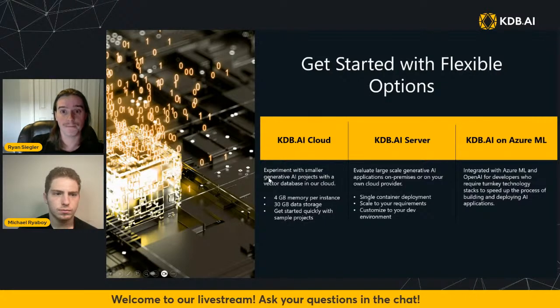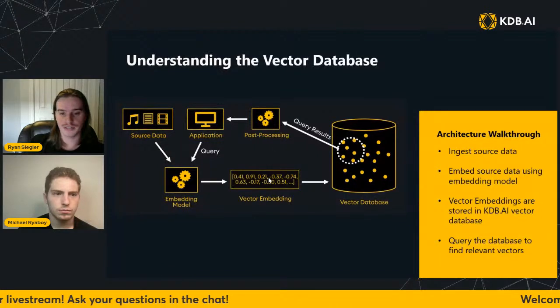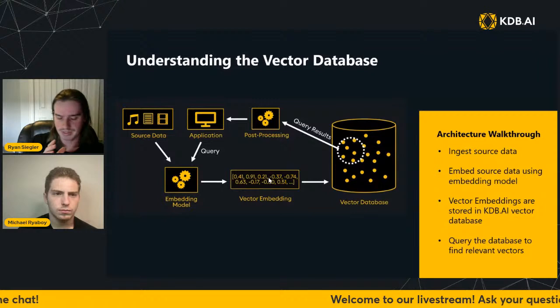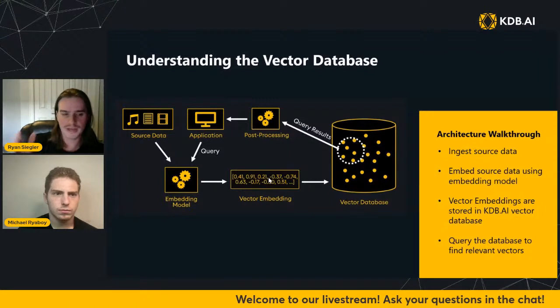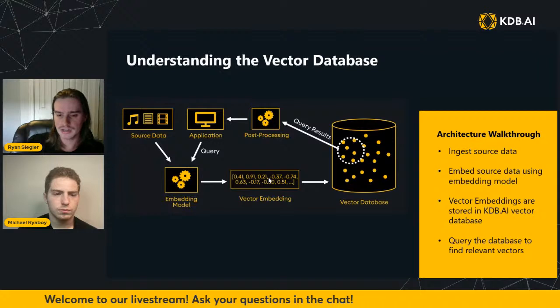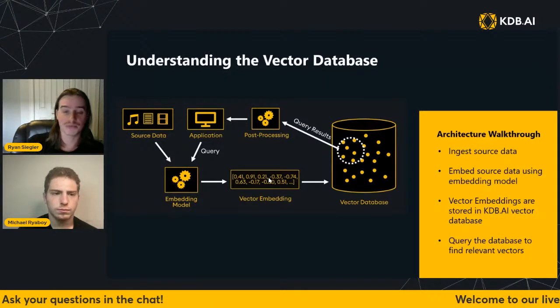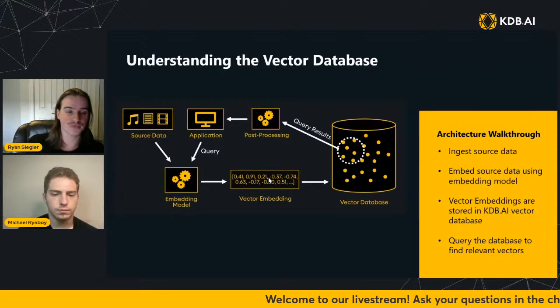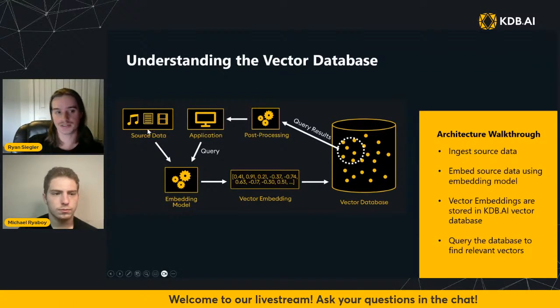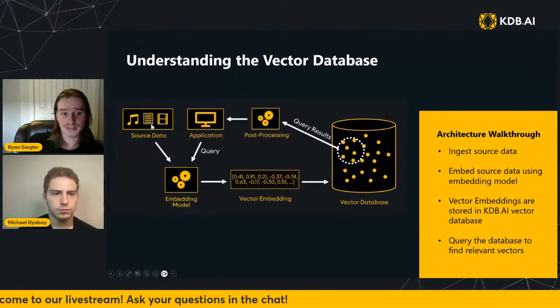Okay, so understanding the vector database and where this fits in with generative AI and embedding models, there's all sorts of stuff going on here, but really at the core, a vector database is a database that you use for similarity search. What that means is that you take your data, whatever it might be, images, text, videos, audio, and you send that data through an embedding model.